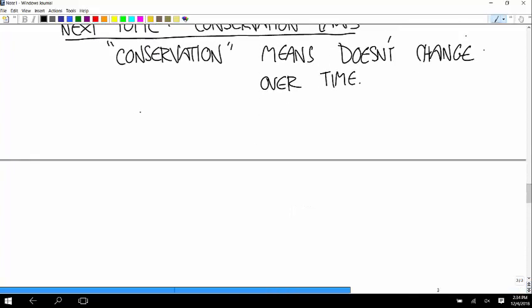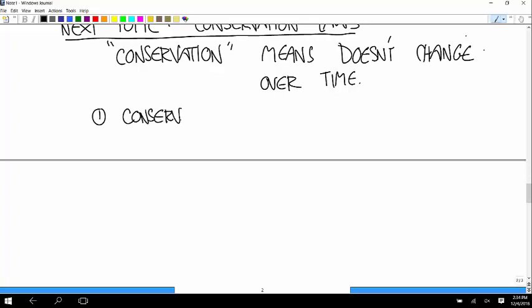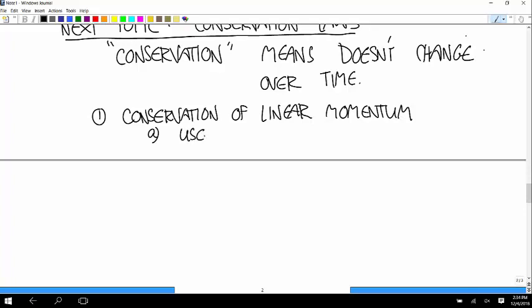The two things that we're going to talk about are, first, conservation of linear momentum. What you need to know about this is, first of all, it's useful in problems involving collisions.